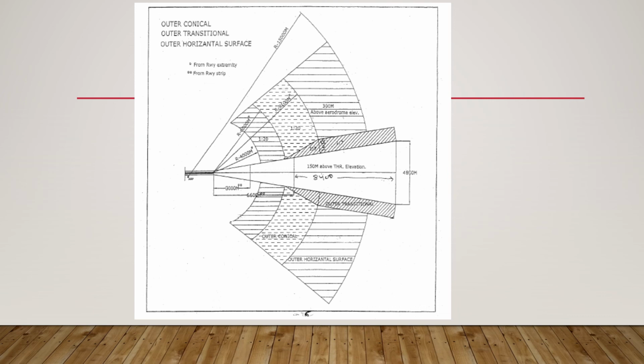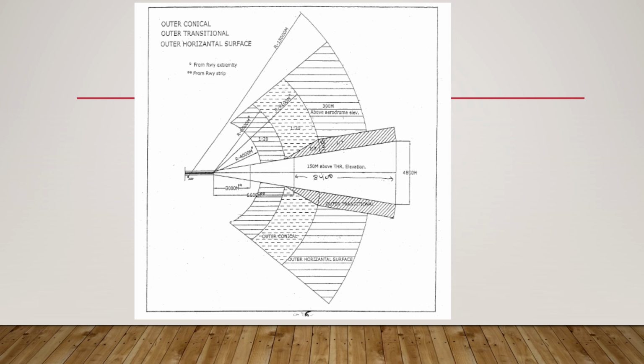This surface is at a distance of 6 kilometers from the end of the runway and extends up to a distance of 9.1 kilometers from the end of the runway at a specified slope of 5%. Now, the inner horizontal surface extends up to a distance of 4 kilometers as we previously saw in the presentation.